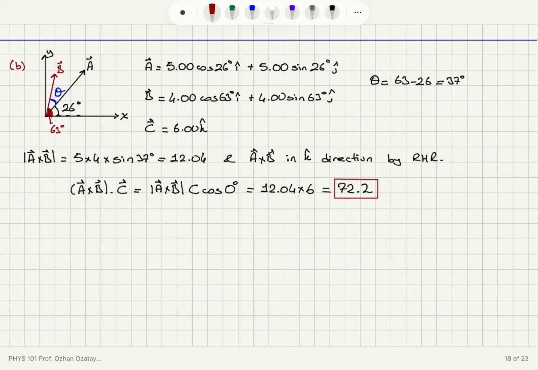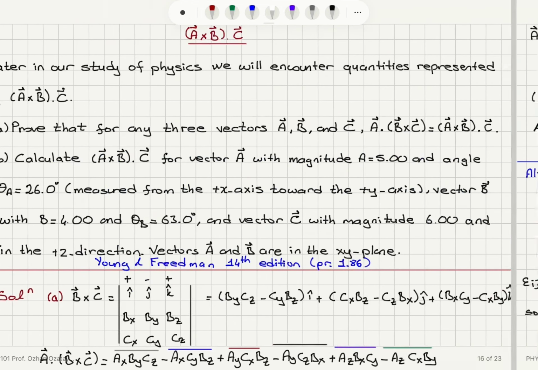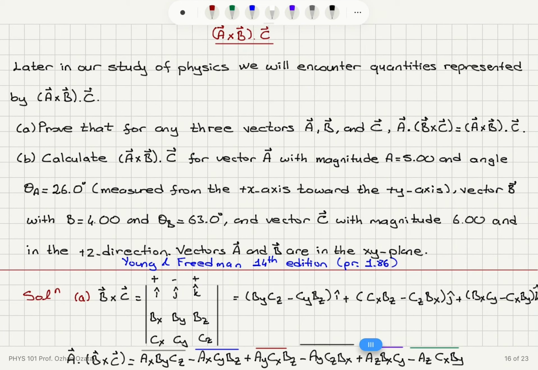Okay, so to summarize, first we have shown that A dot B cross C is A cross B dot C. We have done it two ways, by calculating B cross C explicitly and A cross B explicitly using this determinant with i hat, j hat, k hat. The second row is the first vector, and the third row is the second vector's components.